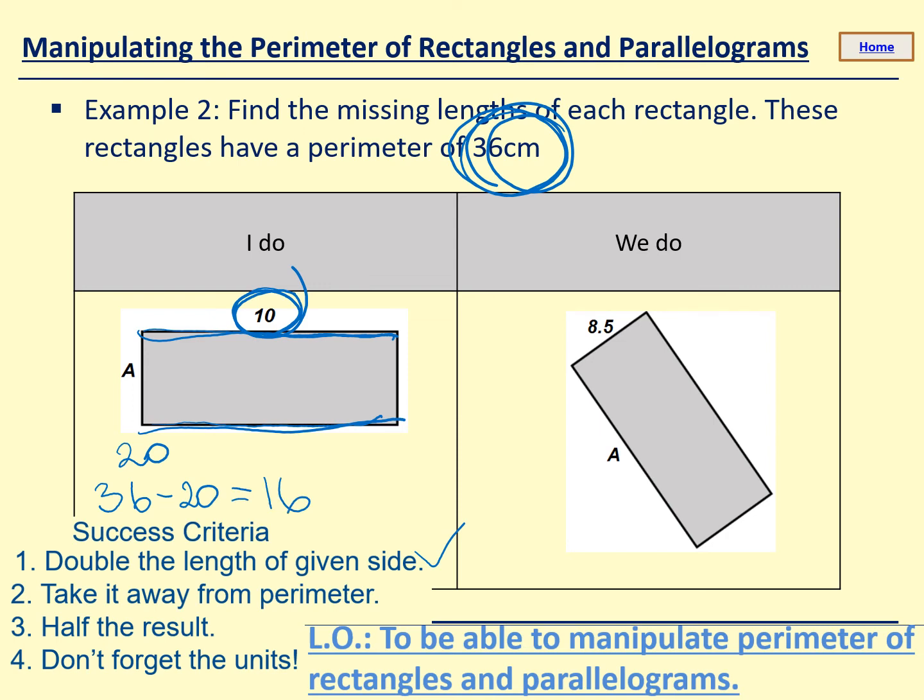So when I take away this side and this side, what I'm left with is side A and the side opposite to A, which is the same length. That's why I can half the result now to get A. And A equals 8 centimeters. Don't forget the units. Now pause this video and have a go at the next question yourself.